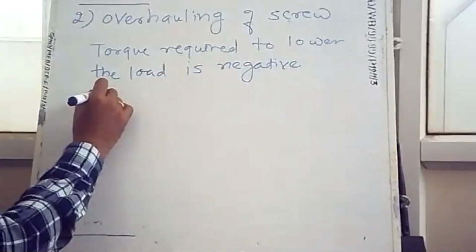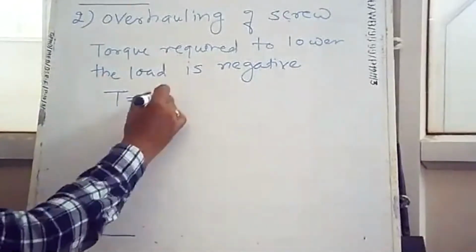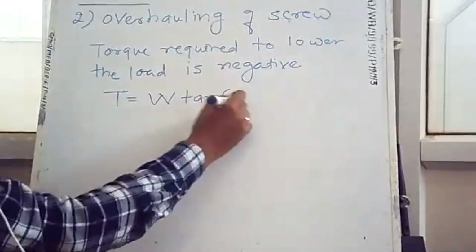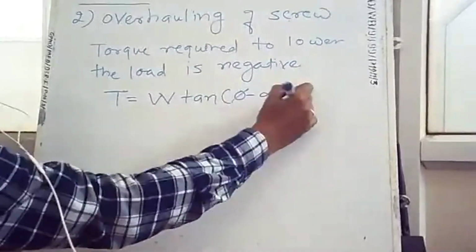In overhauling of screw, T is equal to W tan of phi minus alpha into d by 2.